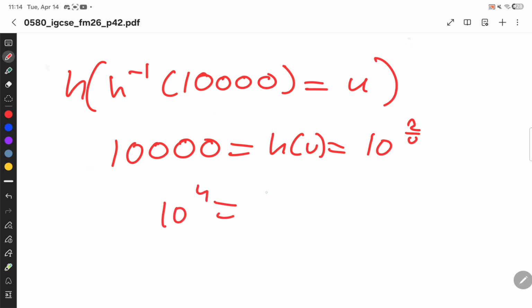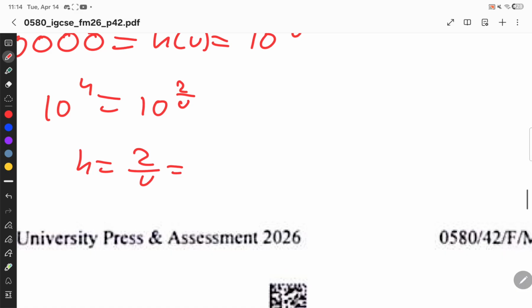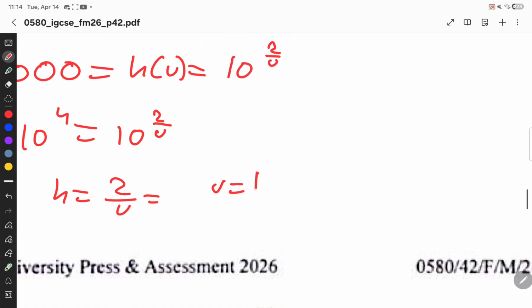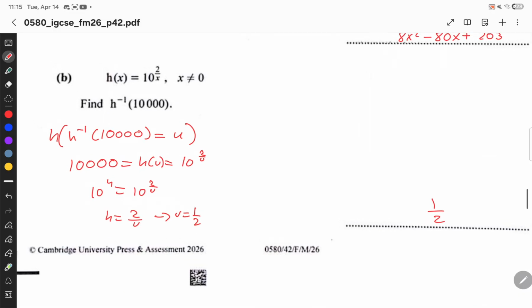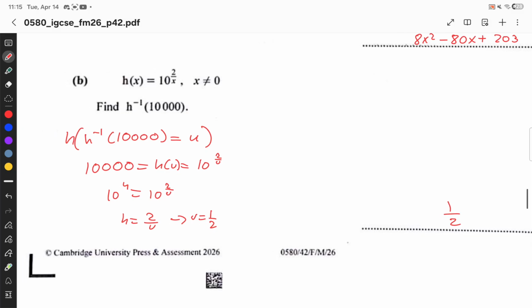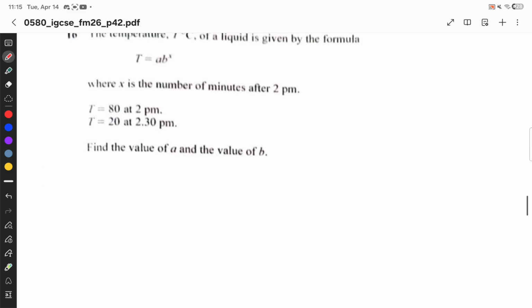So this is 10 to the 4 is equal to 10 to the 2 over u. 4 is equal to 2 over u, so u is equal to a half, and that is our answer, a half. And this is the case. If we do find h inverse, which is some logarithm something, it is going to be that thingy.